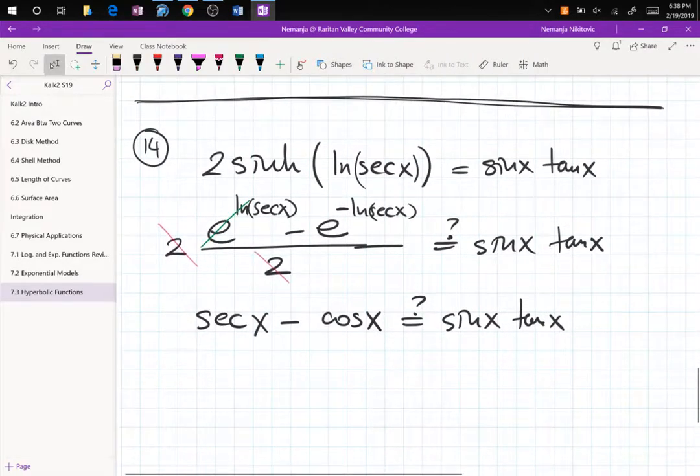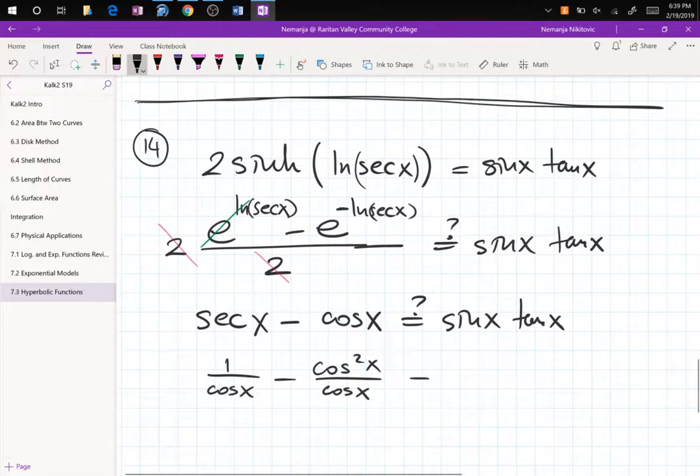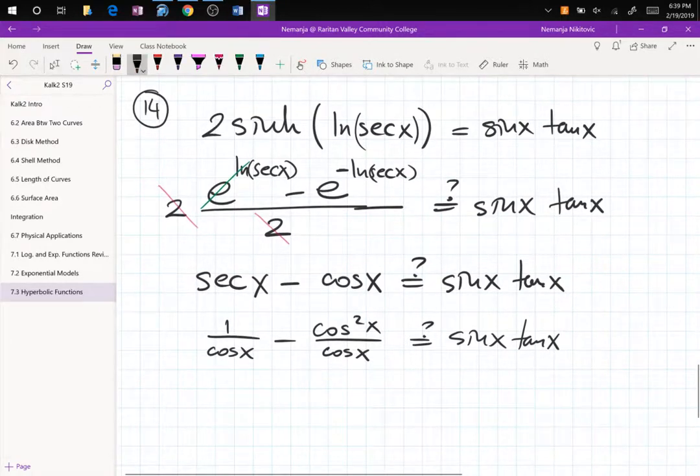And now we need to do some trig identities. Hopefully this can work out. Secant is 1 over cosine. So we have 1 over cosine x minus cosine squared x over cosine x. And that should be sine x tangent, should be obvious. So I have a cosine x as the common, and on top, what do I get? 1 minus cosine squared is?